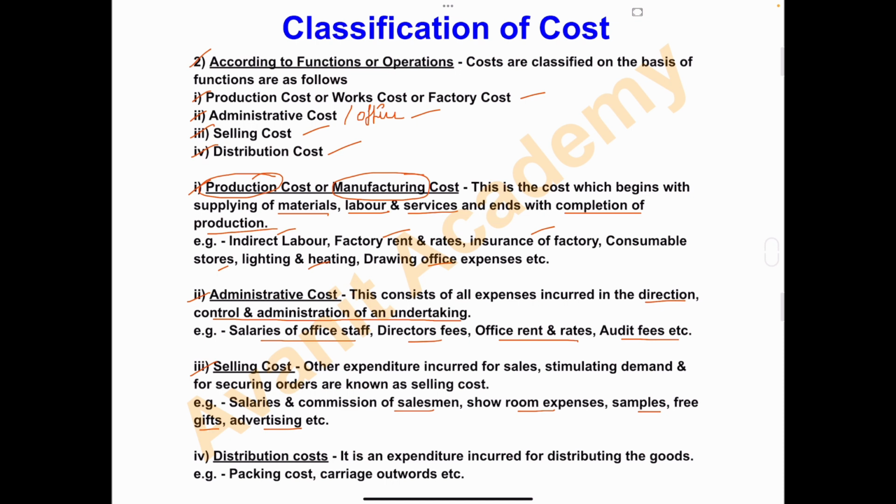Fourth one is distribution cost. It is an expenditure incurred for distributing the goods, that is packaging cost, carriage outward, etc. So these four are the cost classification according to their functions or operation.